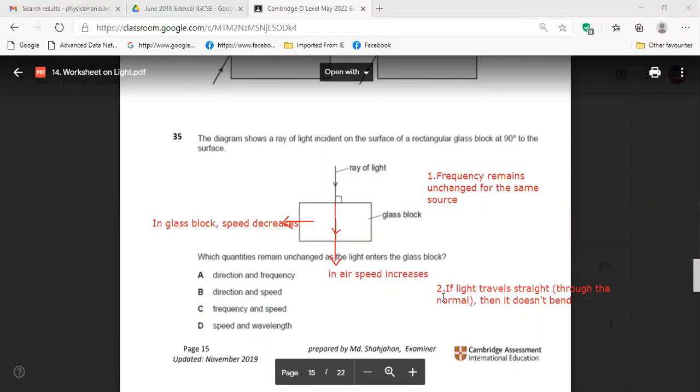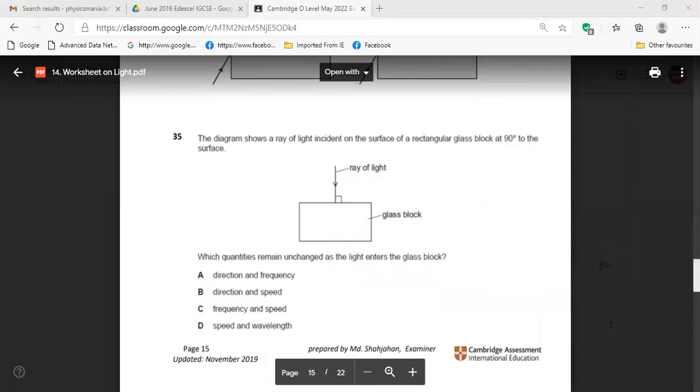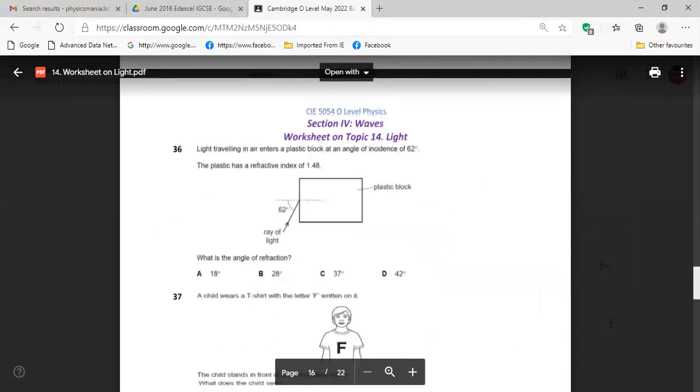Please send it. Okay, thank you. Now, only one question is left, isn't it? 36. Only this one is left. So now it's Mahi. Mahi, can you read this?